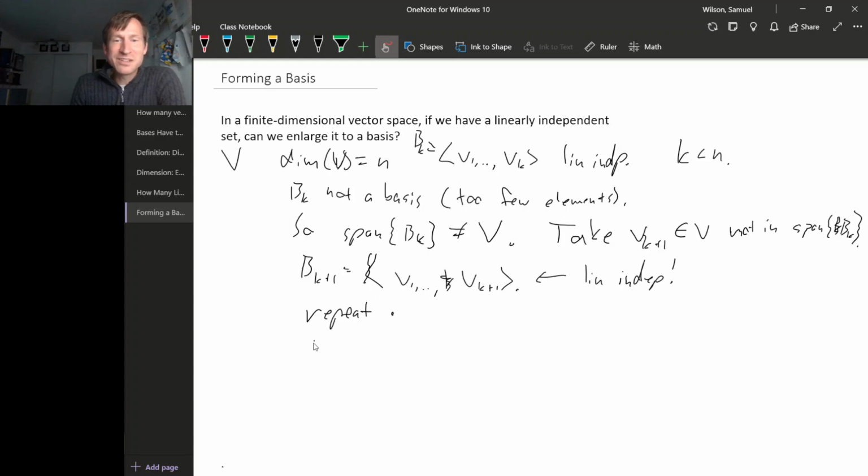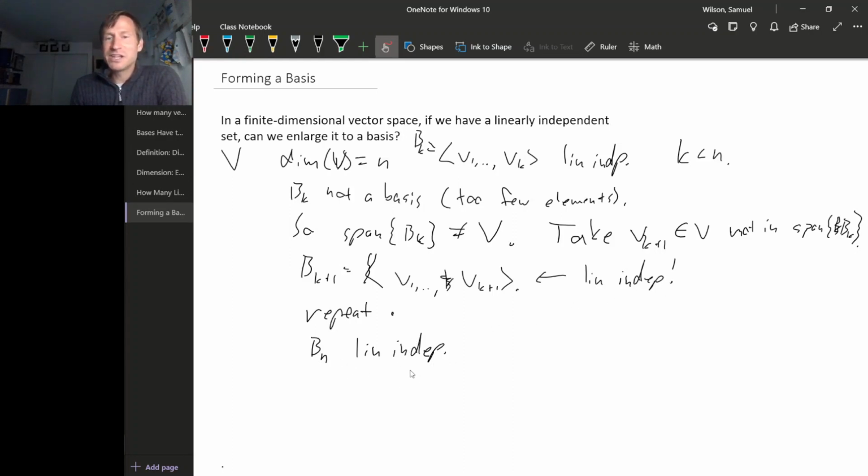Repeat until we get down, right? If we don't yet span all of V, then take some vector not in the span, add it to our collection, and now we have one more. Do this enough times and you're going to get to a collection of size n. And it will be linearly independent because, at each stage in the process, we're choosing a new vector not in the span of the previous vectors, and we know that that results in a linearly independent set.